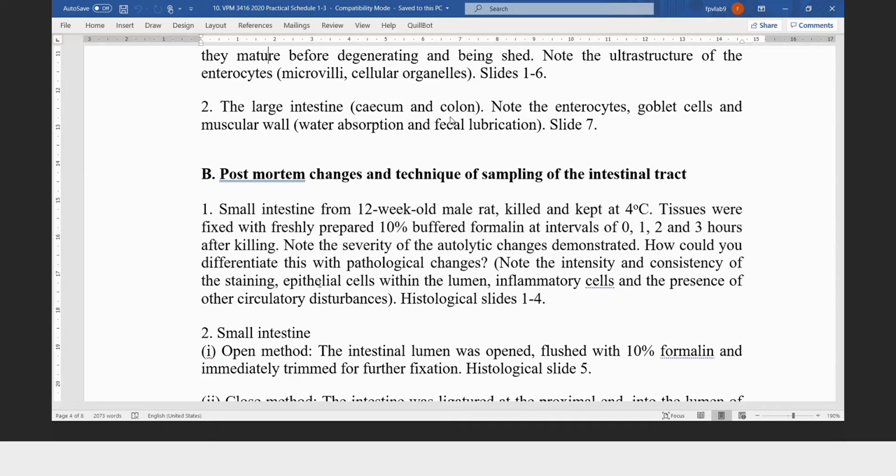You must be able to do necropsy in ruminants with a routine as well as a specific technique. The second one, you must be able to do a necropsy in non-ruminants, also by routine as well as a specific technique.